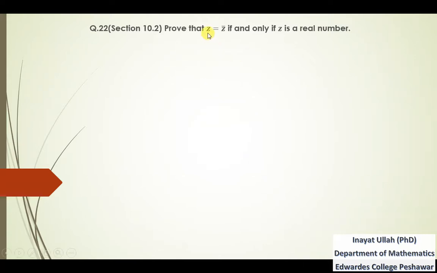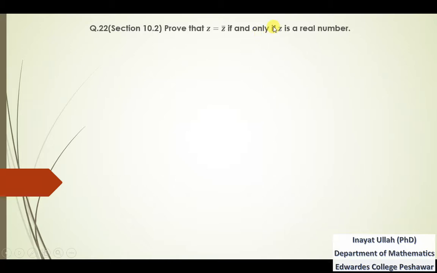Z is equal to its conjugate if and only if Z is a real number. So this statement means that 'if' means that we need to take this side true and prove Z is a real number.